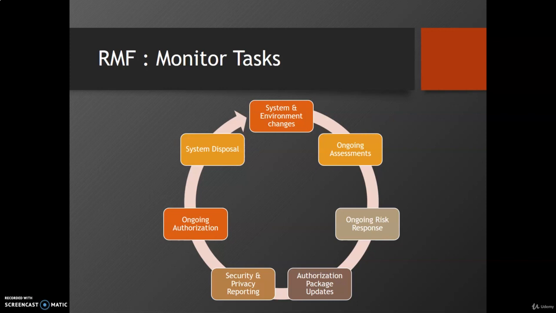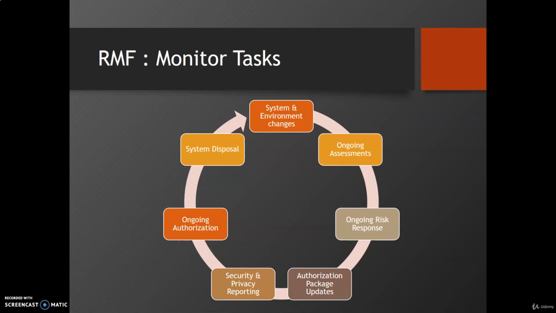Controls that are modified, enhanced, and added as part of ongoing risk response are reassessed by the assessor to ensure that the new, modified, or enhanced controls have been implemented correctly, are operating as intended, and are producing the desired results with respect to meeting the security and privacy requirements of the system. So this was the third task, and now we'll look into the fourth task, that is authorization package updates: update the plan, assessment report, and plan of action and milestones based on the results of the continuous monitoring process.